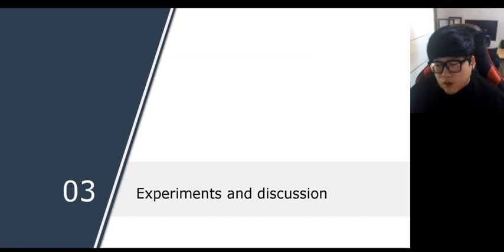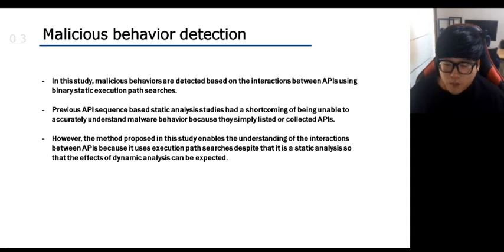Now that the theoretical parts of the proposed method have been explained, I will explain the analysis and result of the sample. In this study, malicious behaviors are detected based on the interactions between APIs using binary static execution path search.